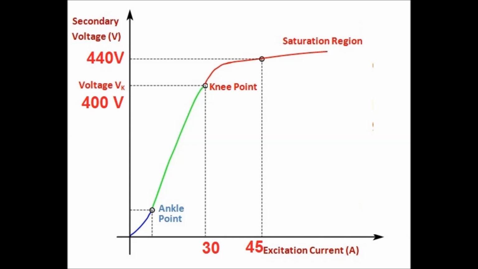Then if I increase this voltage by 10%, that is at 440 volt secondary voltage, the exciting current or magnetizing current comes as 45 milliampere. That is, 50% exciting current will increase. It is the definition of the knee point voltage.